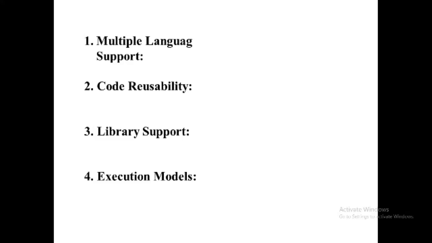S7-PLCSIM is an optional package for Step 7 that allows the simulation of a SIMATIC S7 controller, performing testing of a user program on a PC, enabling testing and refining prior to physical hardware installation.